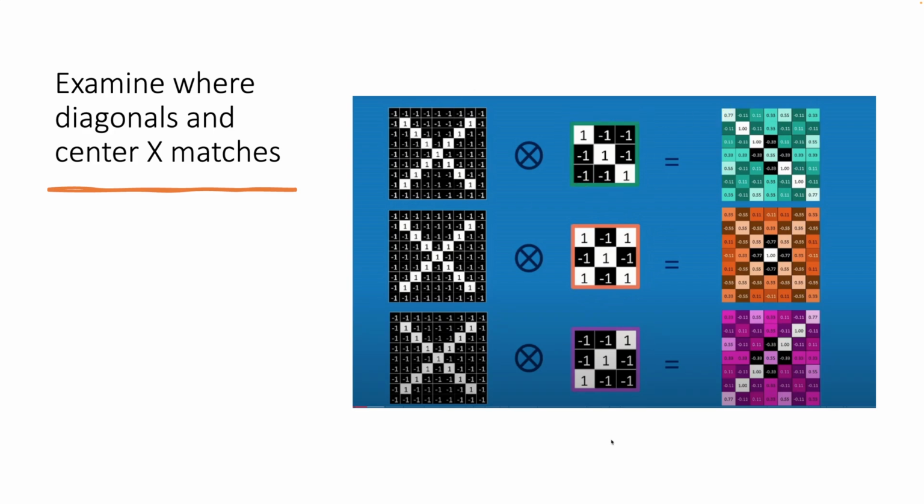Now, when that filter makes it all the way down to, let's say, right here, then we're going to get pretty much a perfect match, because this filter is exactly the same as these pixels that I highlighted.